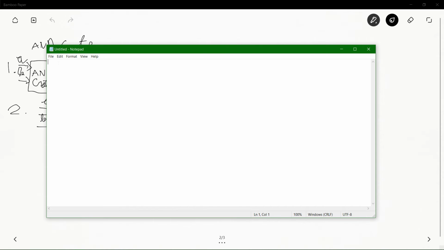From the previous lecture, we have learned how we are going to design an AND gate. I am not repeating that. Okay.